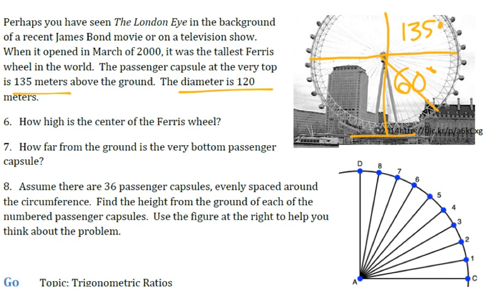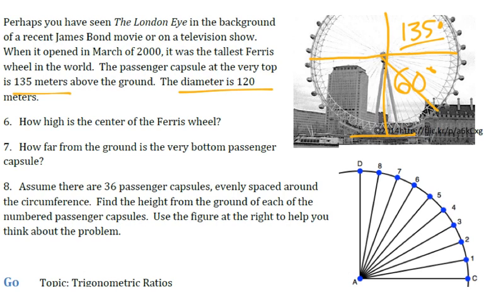So how high is the center of the Ferris wheel? Well, think about that. The top is 135, and 120 of that is the actual Ferris wheel. So what's the difference, essentially? A few different ways you could do it.